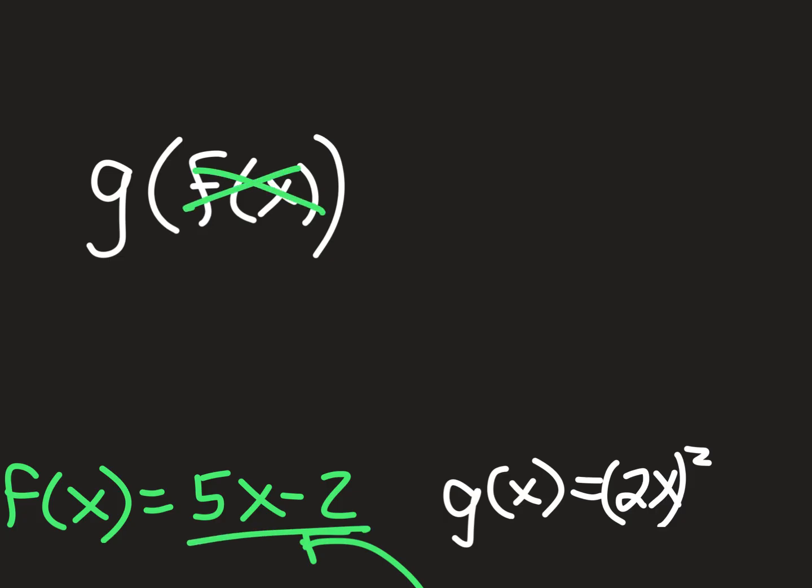It just is. It says so right there. 5x minus 2. And then g of that means I take the g function right here and I make it eat a 5x minus 2.